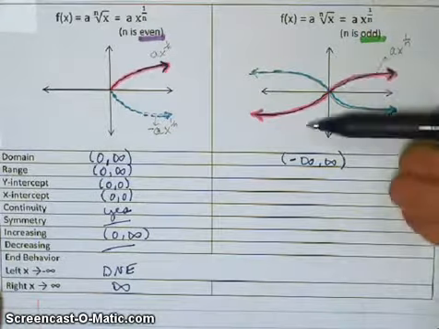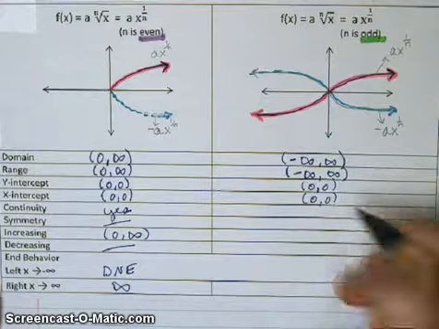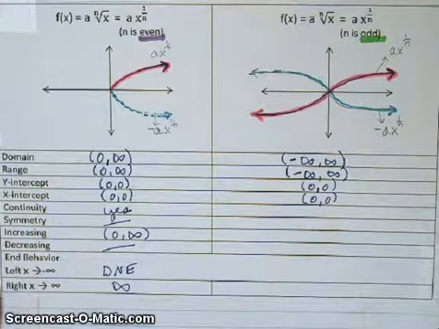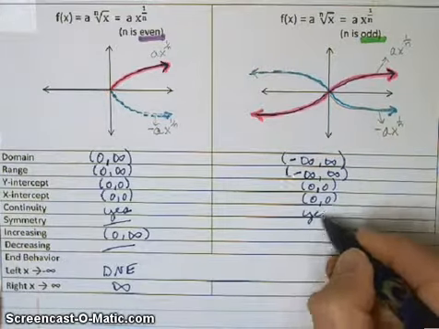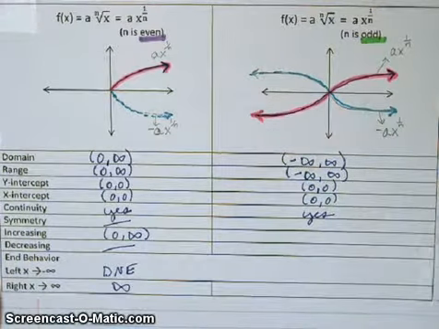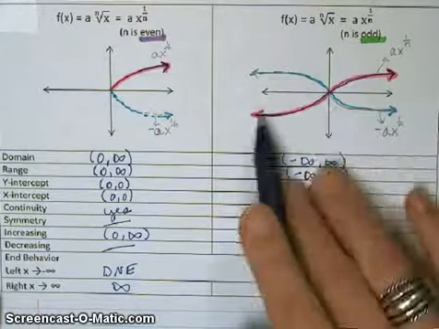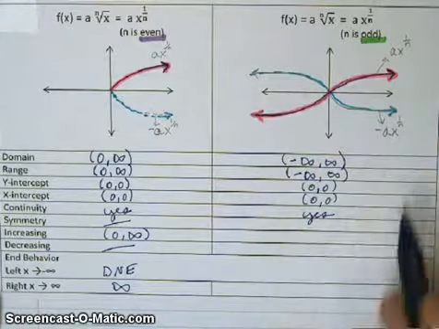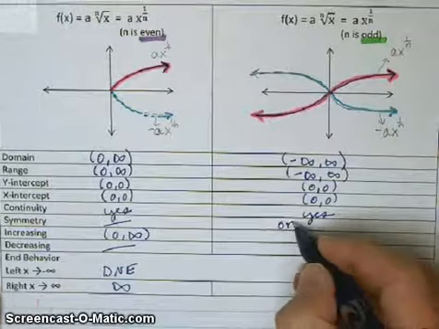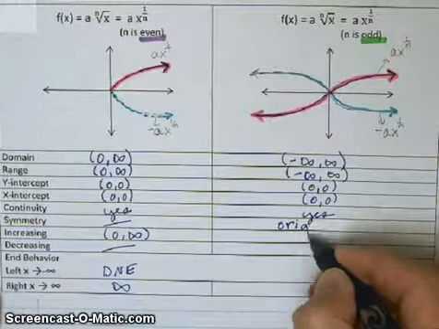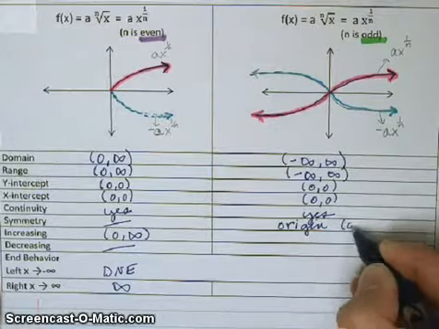The x and y intercept is also 0. It's at the origin, (0, 0). Is it continuous? Yes. Does the odd root have any symmetry? It does. It's symmetrical to the origin, which makes it odd.